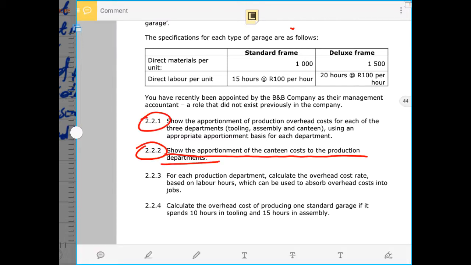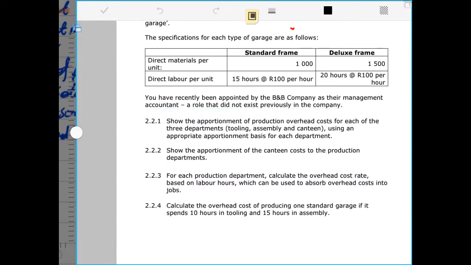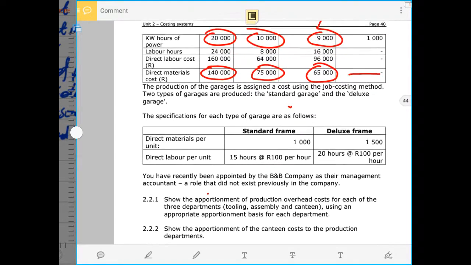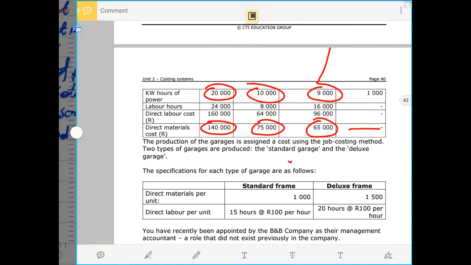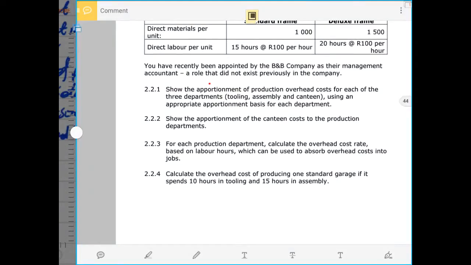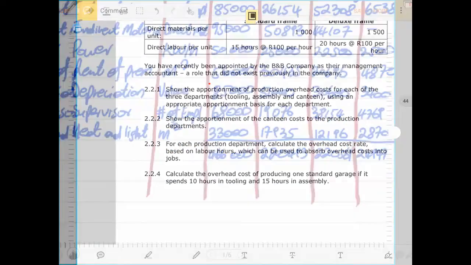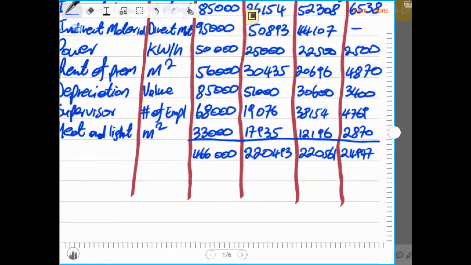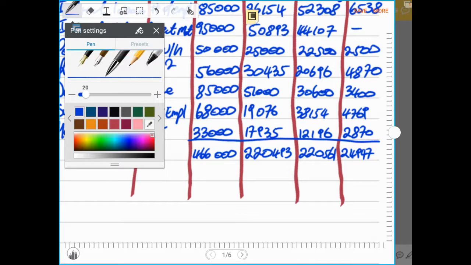In other words, we are reallocating our overheads of the canteen to the main departments. We have done primary allocation, so now secondary allocation is the reallocation of the service department to the main departments.